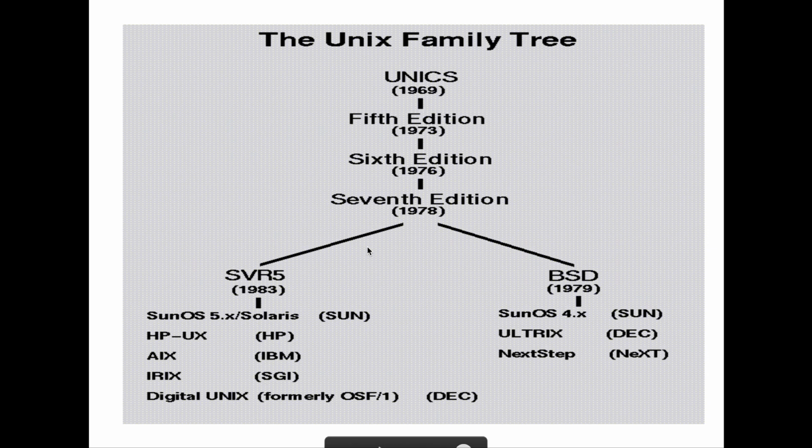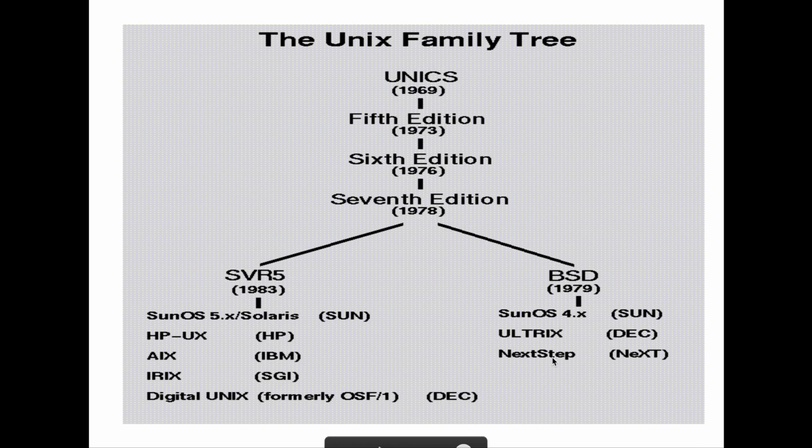Now, again, Unix is a family of operating systems. We have many versions. At the beginning, you have Unix, and then it goes through multiple versions like the 5th, 6th, and 7th editions, and then it began to branch. It branches to the BSD family, including SunOS, Utrecht, and NeXTSTEP.